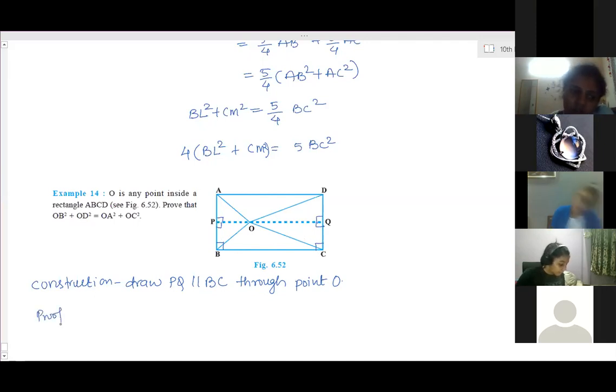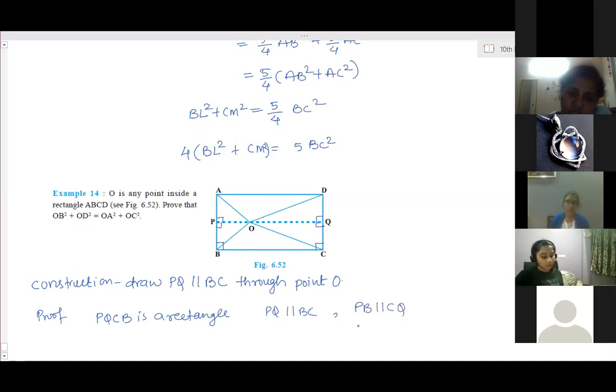Therefore, PQCB is a rectangle, as PQ parallel to BC and PB parallel to CQ, and angle B is equal to angle C is equal to 90. So therefore PQCB is a rectangle.